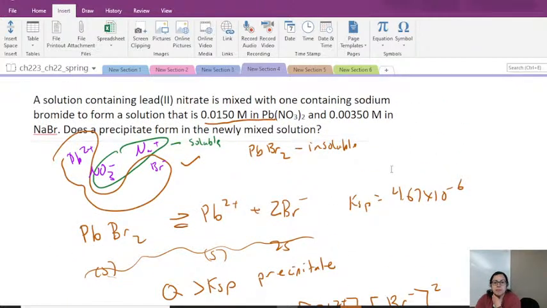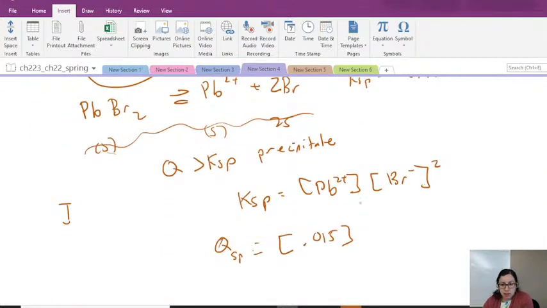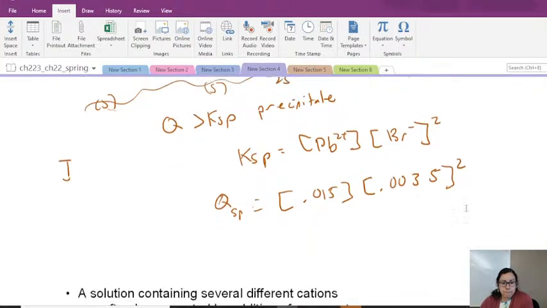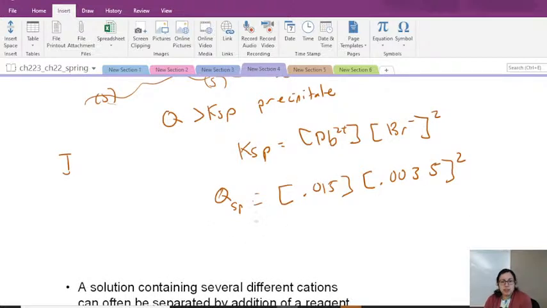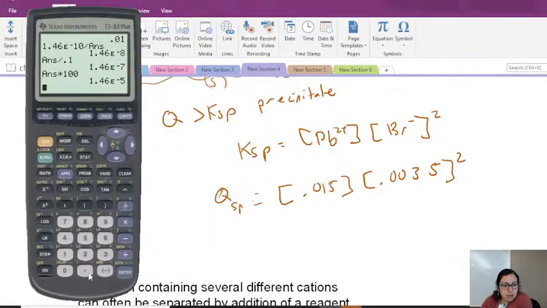And then that means it would be 0.0035 in bromide. And of course it's squared. So we can plug that in. And so now we're trying to see if Q is greater than or less than our KSP.